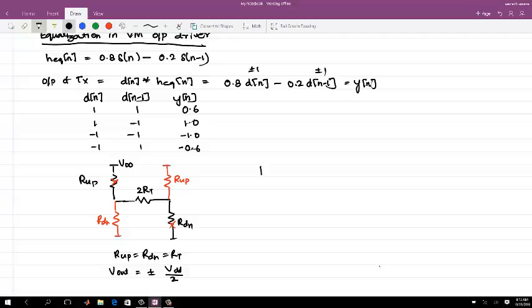Now in place of this, I want to transmit a different swing, which is 0.6. This still remains the same. Now I have R up and R down here. So how can I have a different output swing? And we have seen this before, right? Resistive divider. So I have a resistive divider here.